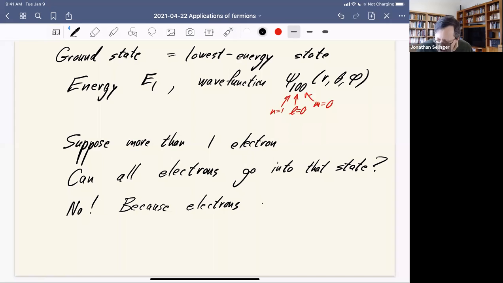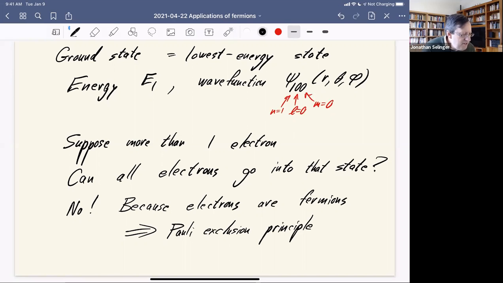Okay. So because electrons are fermions, we have the Pauli exclusion principle. So these distinct but indistinguishable fermions cannot all be in that wave function, because of the symmetry requirement for fermions, the anti-symmetry requirement for fermions.